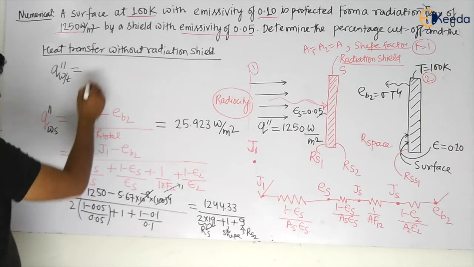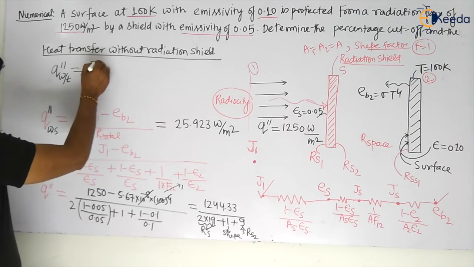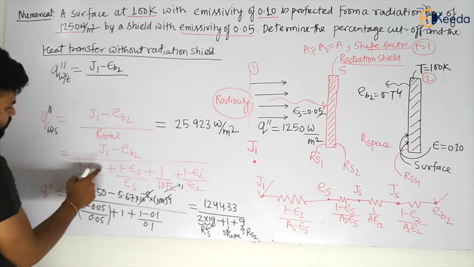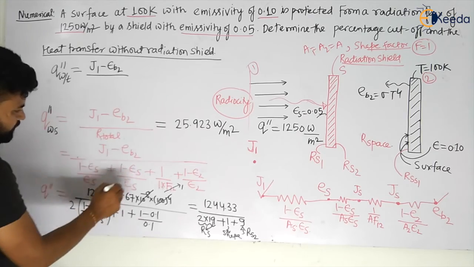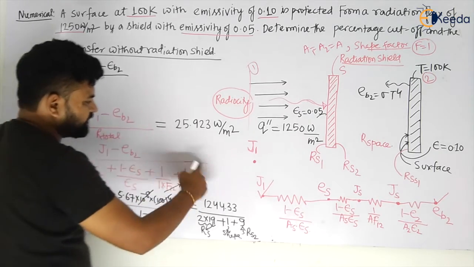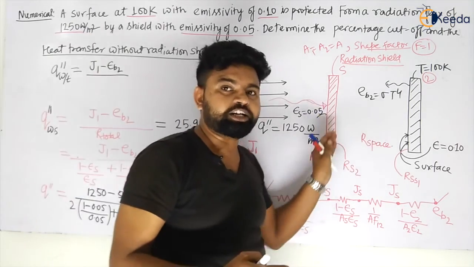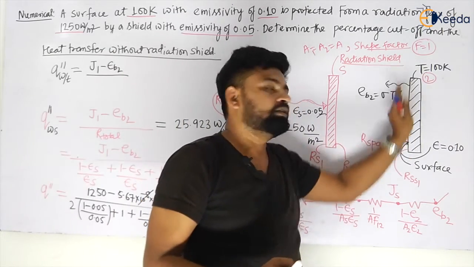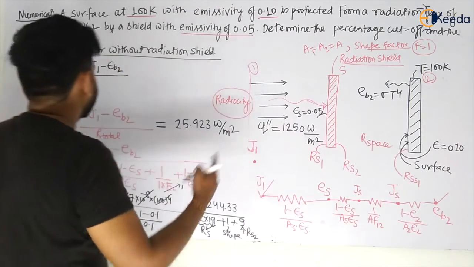Now this will become EB1, that is nothing but J1, minus EB2, divided by, now these resistances will not be there. Only the surface resistance will be there, because the radiation which is coming will fall directly on the surface of the plate, my dear students.